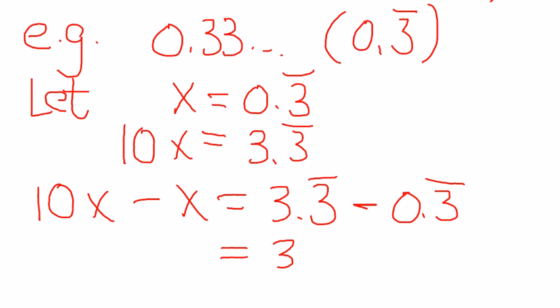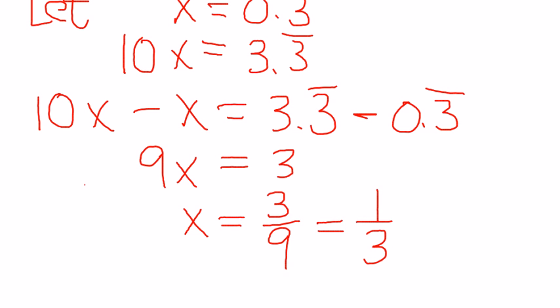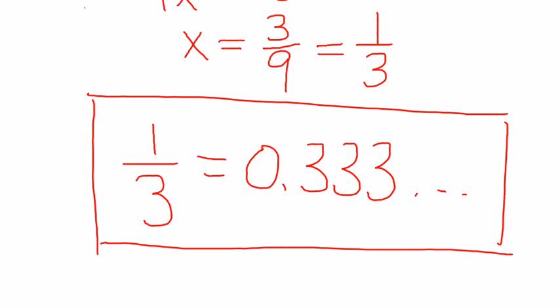How about the left side? We get 9x. So now I believe you can tell me that the fraction for x is 3 divided by 9, and if you know how to simplify this fraction, it's the same as 1 over 3. Okay. So we arrive at the conclusion that 1 over 3 as a fraction is the same as the repeating decimal 0.33333 and so on.